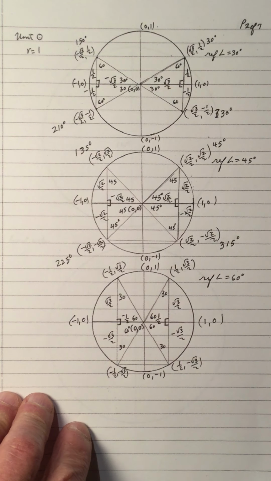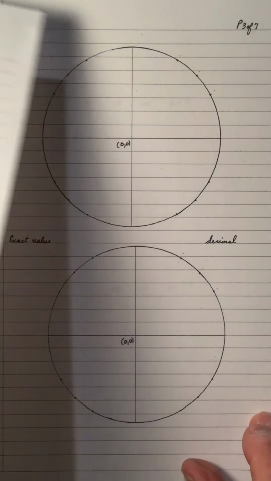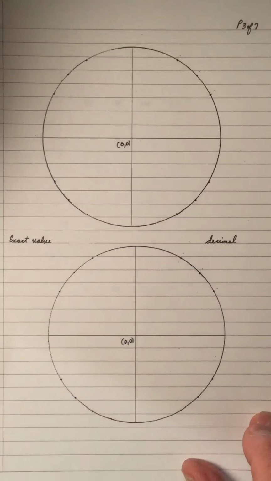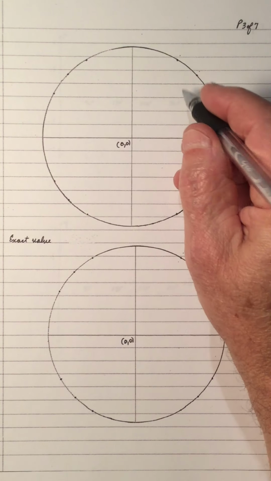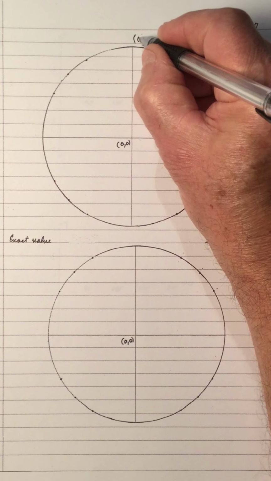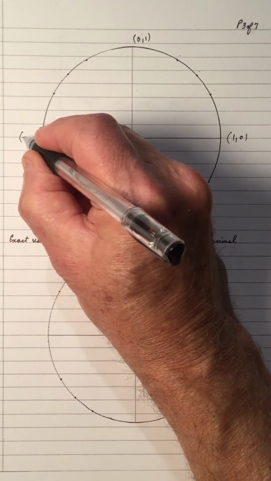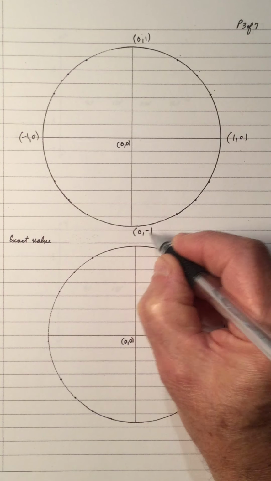So I'm going to use those values to put them all on one graph. So here I go. Again, we have a unit circle whose radius is 1, so this is 1, 0, 0, 1, negative 1, 0, and 0, negative 1.